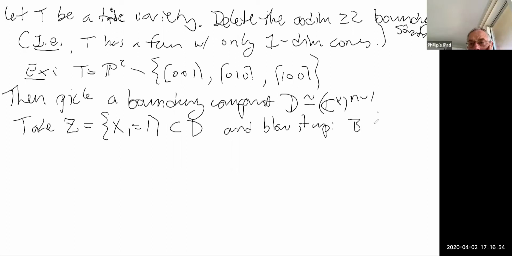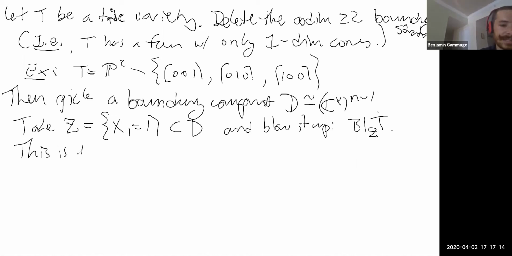So we now have our original toric variety T, and then we've blown it up in this codimension 2 subspace Z. This is the sort of non-toric blowup that I'm talking about. This is the GHK non-toric blowup.